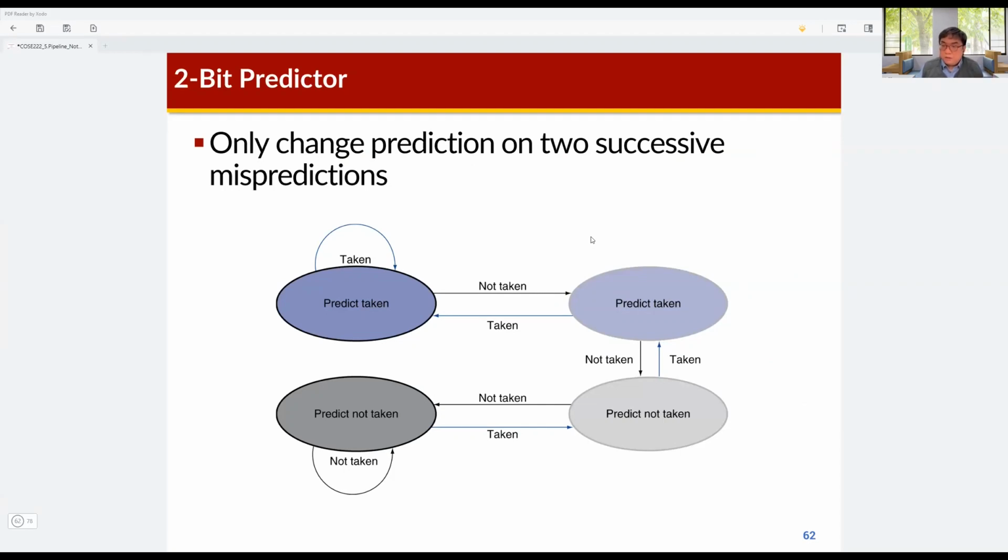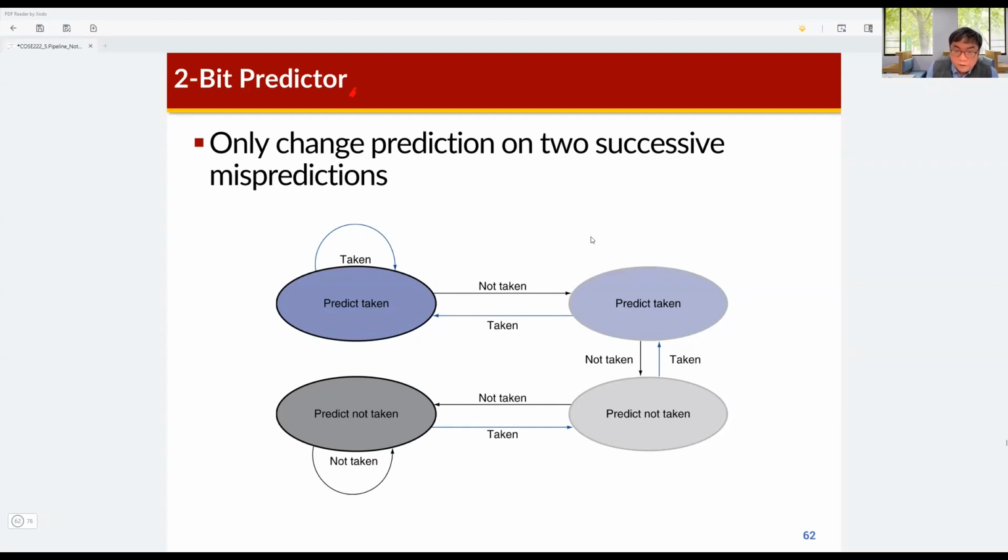So the 2-bit predictor just monitors the 2 consecutive previous events of the branch instruction, and then based on these events, the predicted result is determined. Okay. So the 2-bit predictor is similar to the saturating counter.